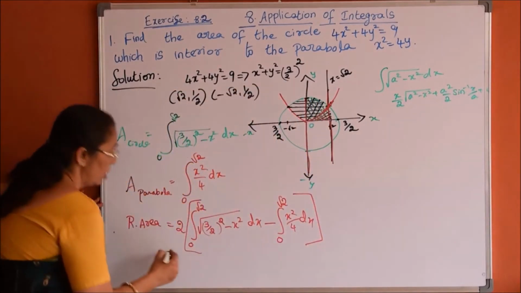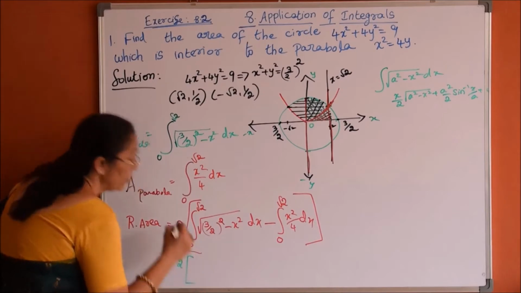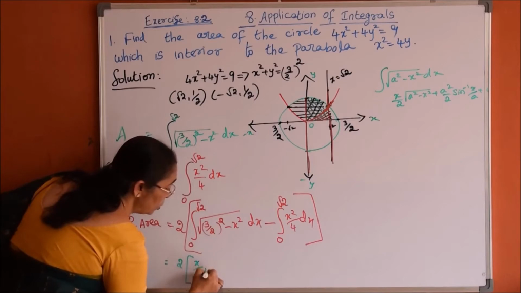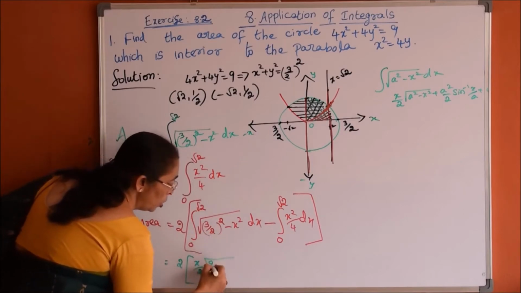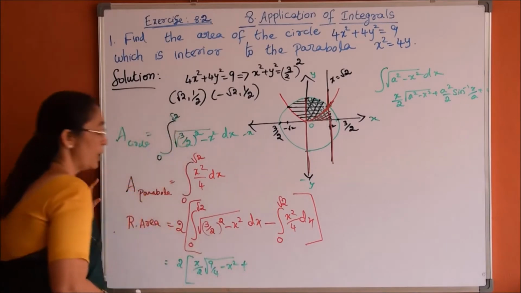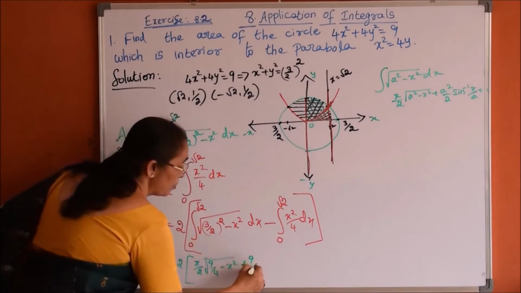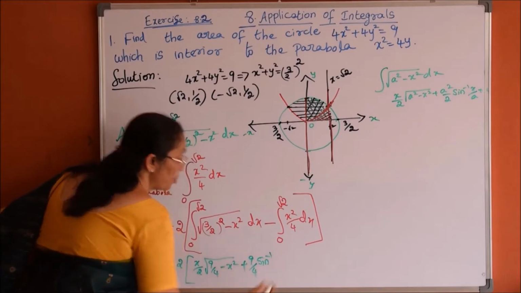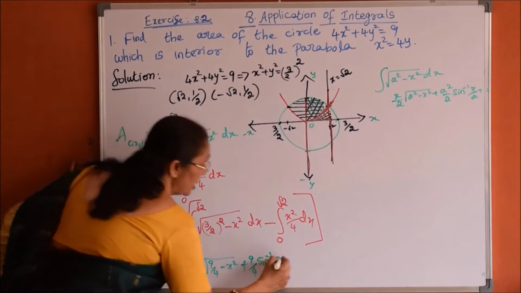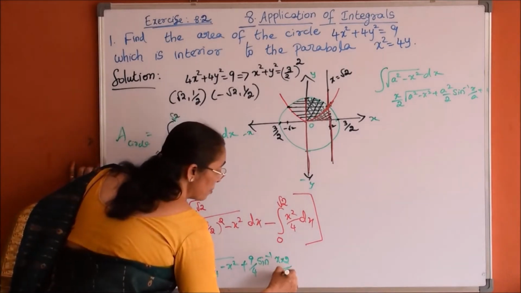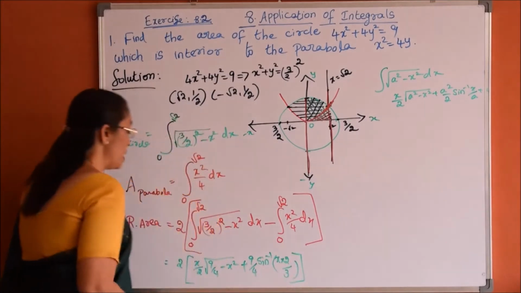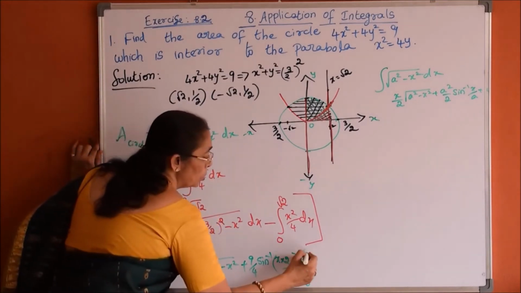Using that formula, here the outside 2 is there, so x by 2 root over (3 by 2) whole square, 9 by 4, minus x square, plus a square by 2, 9 by 4, sin inverse of x by a, x by 3 by 2 or x into 2 by 3. This is for the first part. The limits are from 0 to root 2.